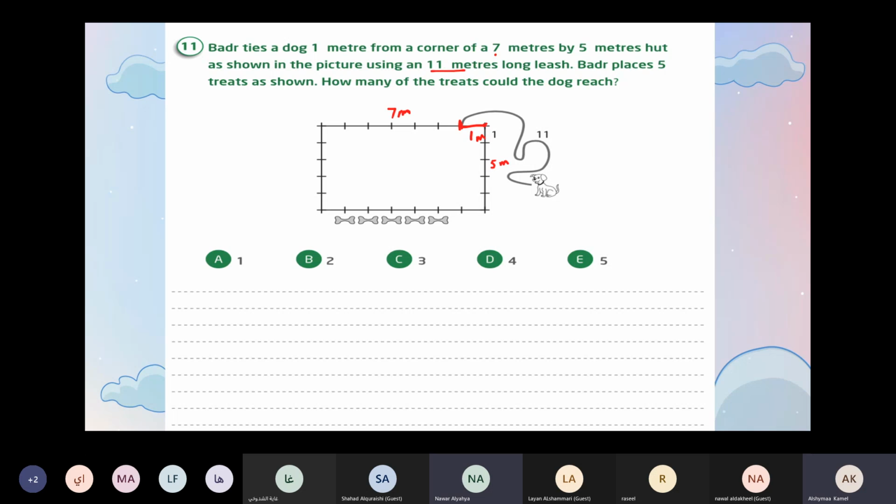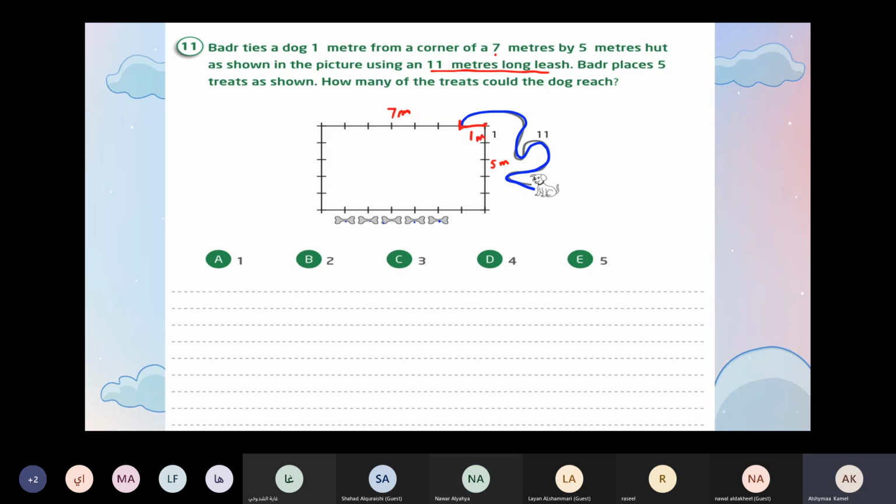Using an 11 meters long leash. The dog leash is 11 meters long. Badger places 5 treats. How many of the treats could the dog reach?